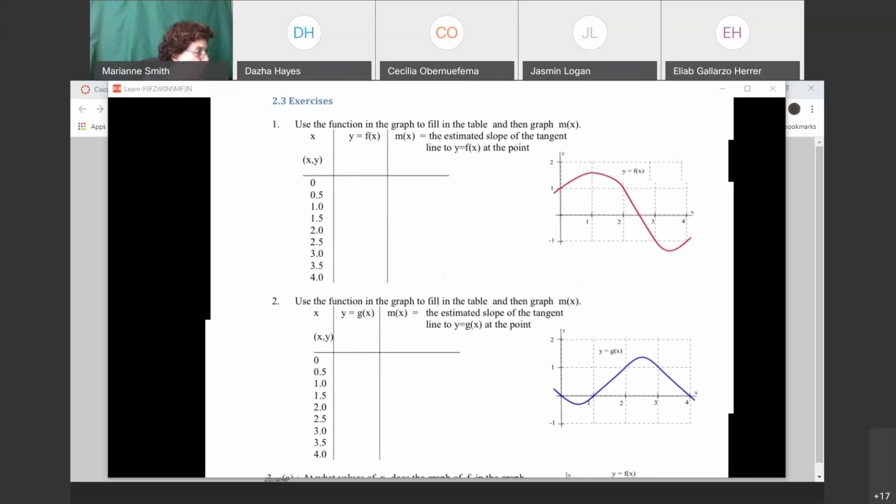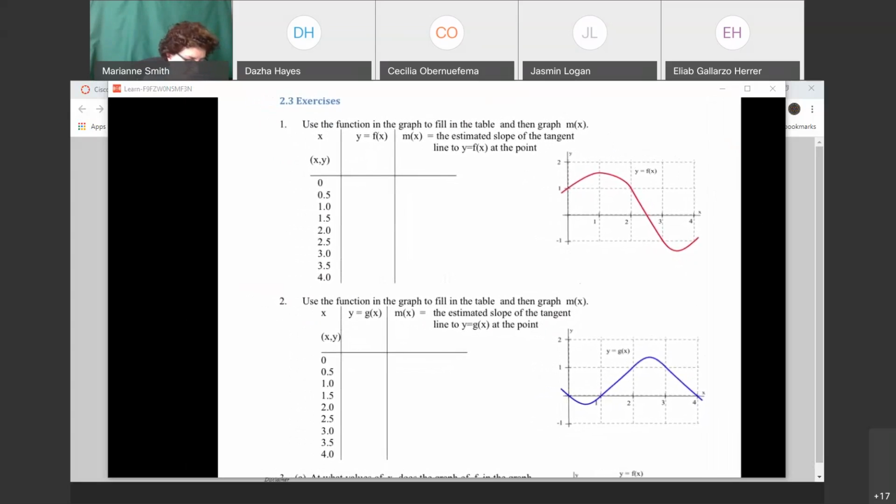Here you can see when x is 0, y is 1. I'm estimating the slope of the tangent line right there. I'm going to say it's 1. I'm not going to stress about this, I'm just going to take a guess. I'm also going to put some lines here so I don't mess up my data.